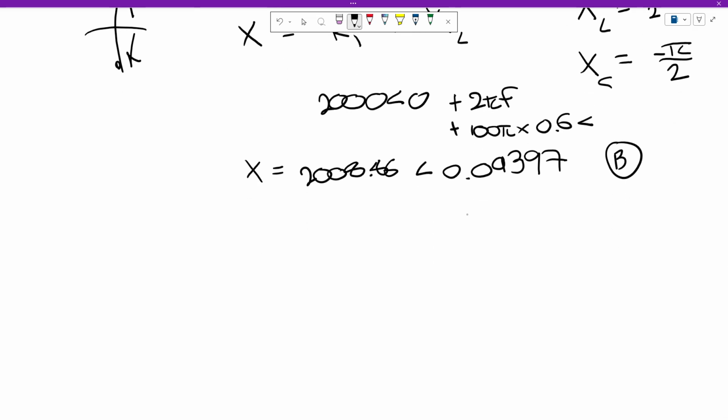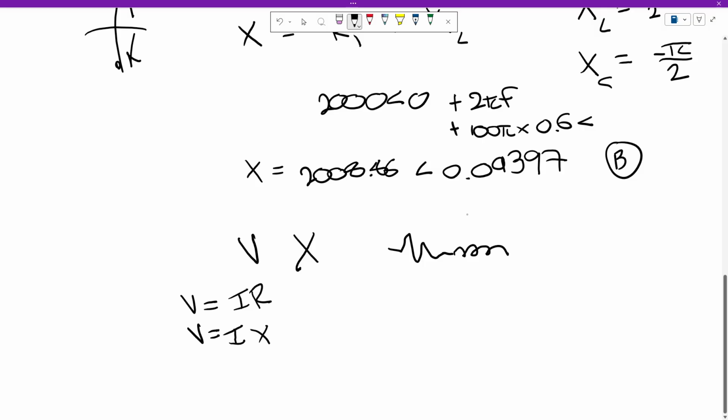Now we have the voltage over the resistor and the inductor, and we have the impedance. We can find the current. The current is V equals IR, or in this case V equals IX, because it's reactance.